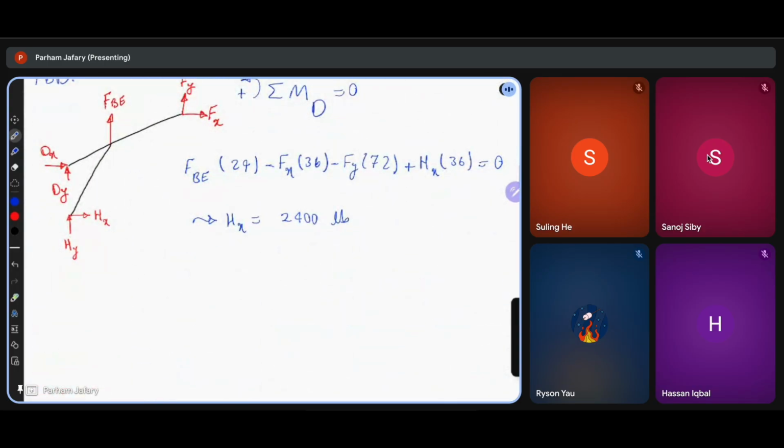So we can say Hy over 48 is equal to Hx over 24, right?